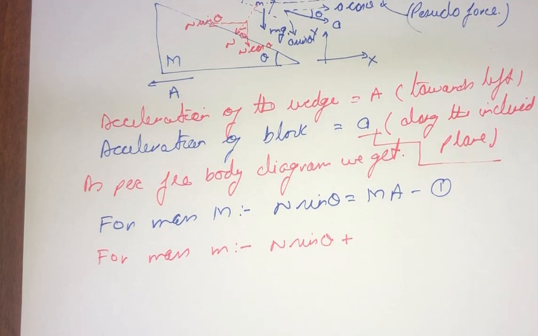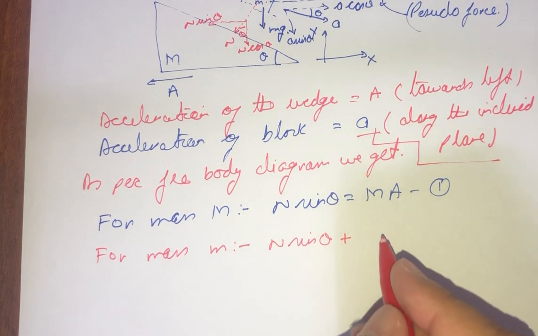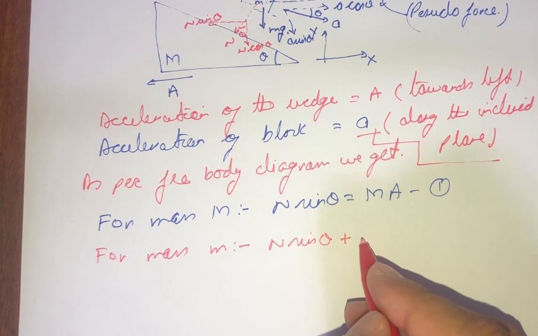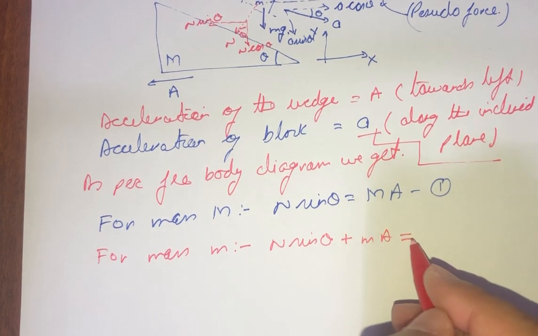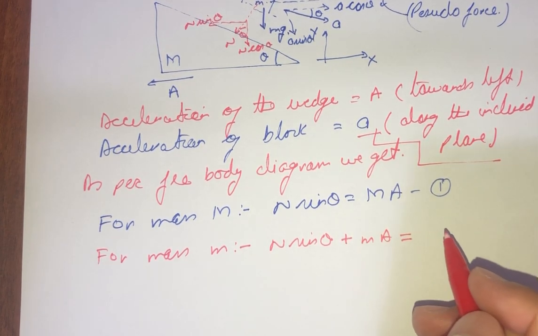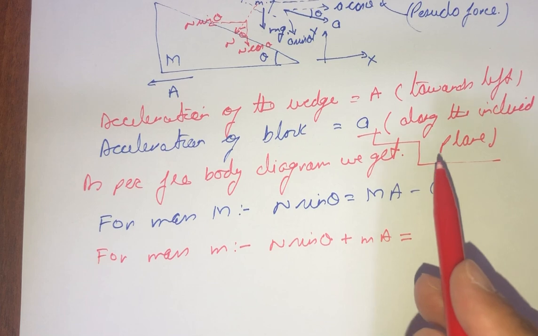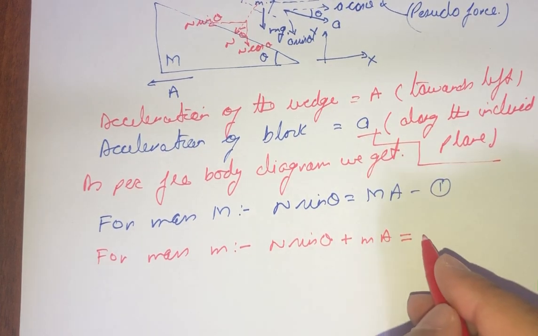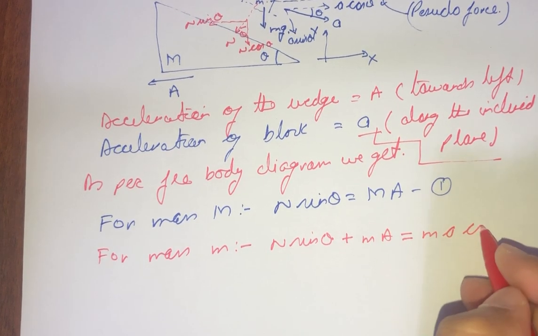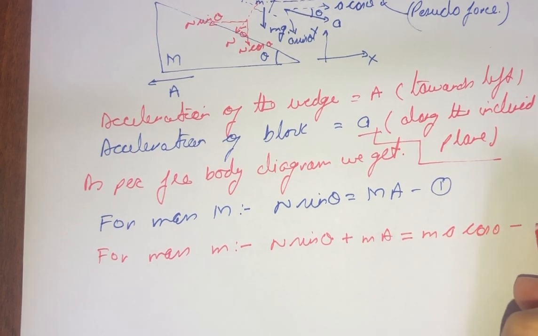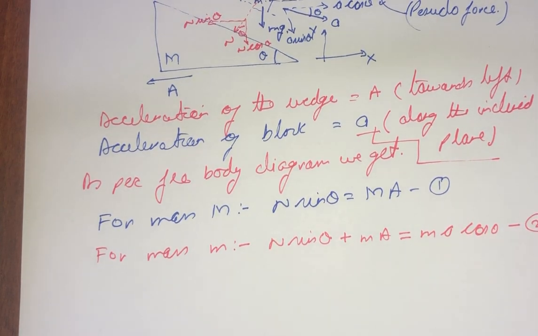So we have n sin theta plus mA is equal to ma cos theta. This is equation number 2.